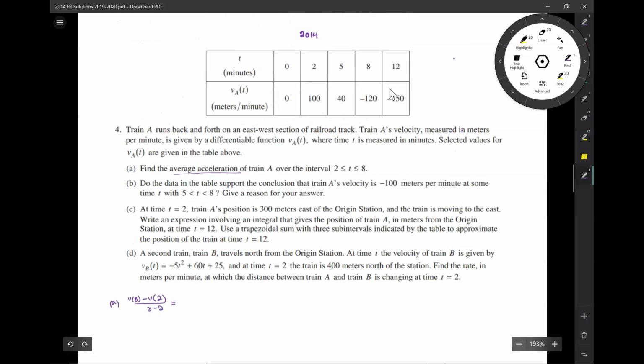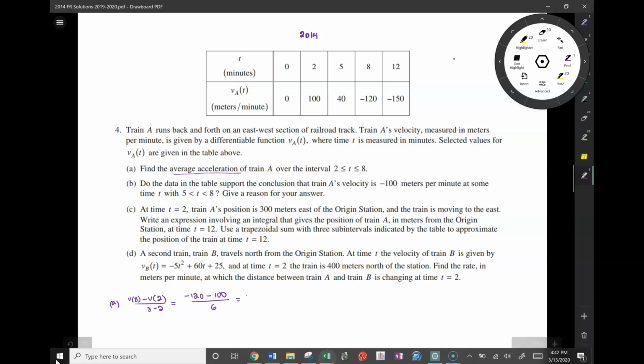And so that equals negative 120 minus 100 over 6, so that's just negative 110 over 3 meters per minute squared.